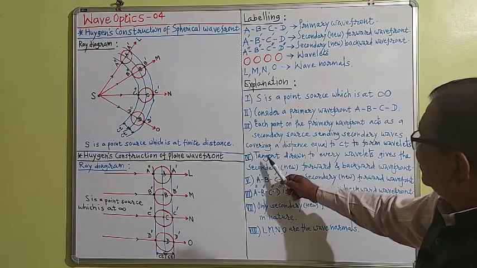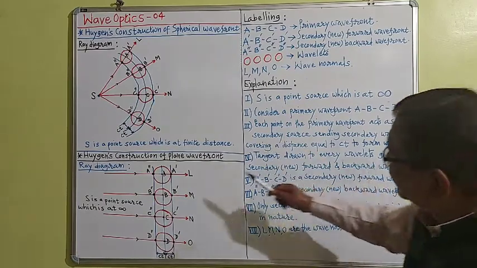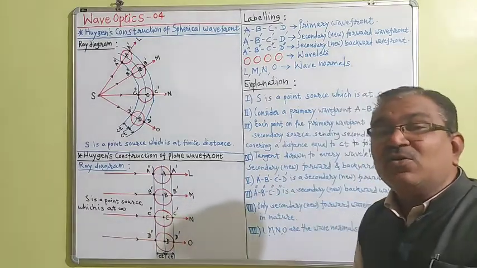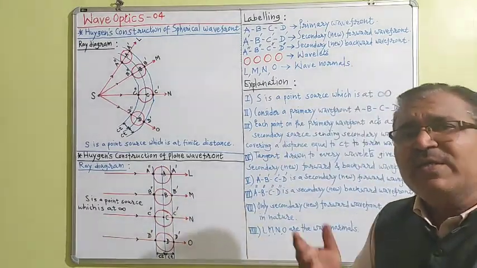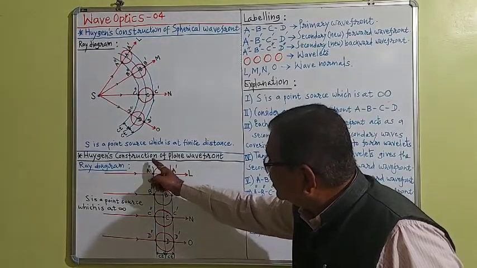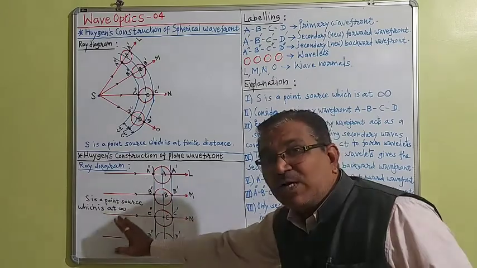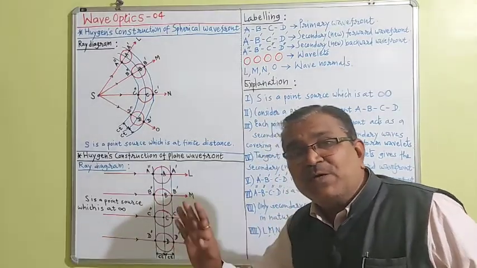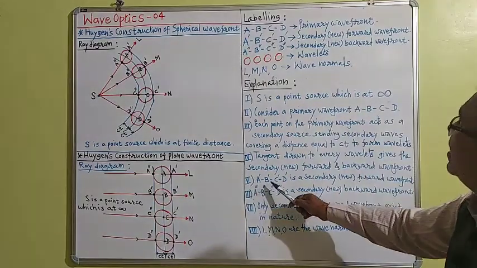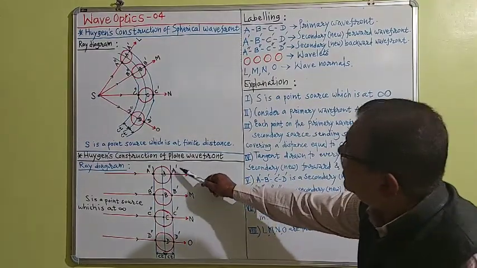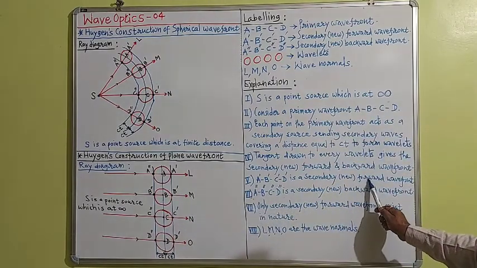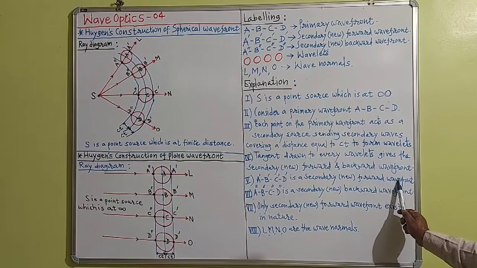Then write down: tangent drawn to every wavelet. This is a tangent, this is also a tangent. Tangent drawn to every wavelet will give the new wavefront, that is the secondary new forward wavefront. This is the secondary new backward wavefront. So before wavefront, use the word plane. A dash, B dash, C dash, D dash is a secondary new forward plane wavefront.